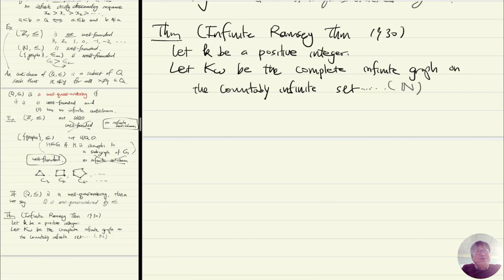So K omega is, now this is the first time that we talk about infinite graphs. There are people who work on infinite graphs, and some of the theories are quite non-trivial there. I don't normally work on infinite graphs, but here it is convenient to work on the infinite version of a graph to prove something on well quasi-ordering. So K omega is the complete infinite graph. You can think of it as a graph whose vertex set is the set of positive integers, and any two are adjacent, and that's why it's called complete.